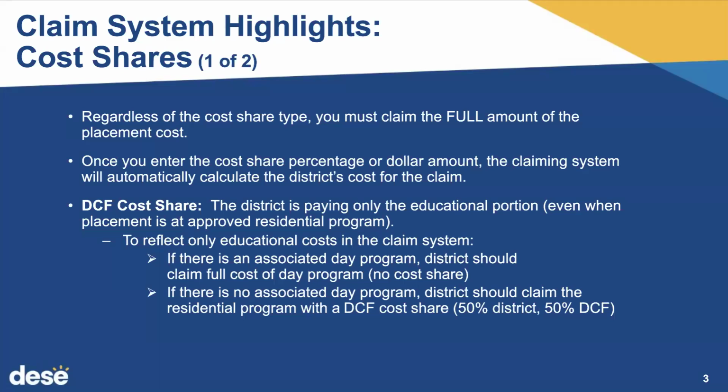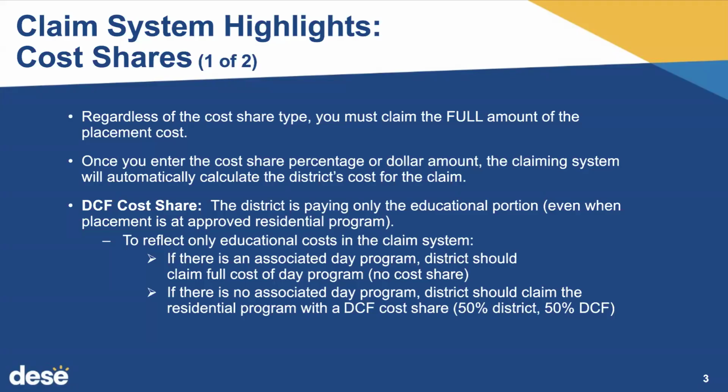When there is an associated approved day rate for that program and that matches the amount you paid, you're going to enter the full cost of the day rate with no cost share for DCF, because DCF is paying the residential piece outside of what you're paying, and you're paying the full day rate, which should match your bills. So even though there's a cost share related to DCF, it's not cost related to your circuit breaker reimbursed placements, if that makes sense.